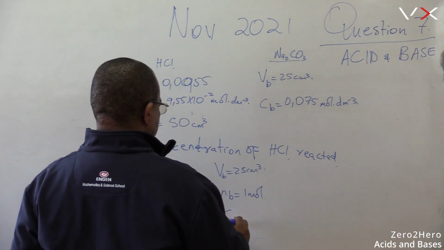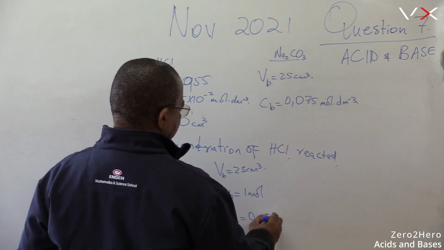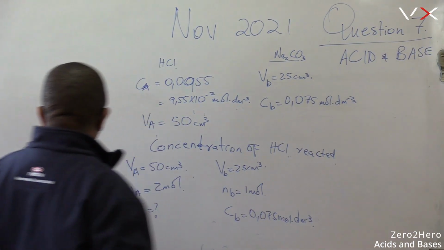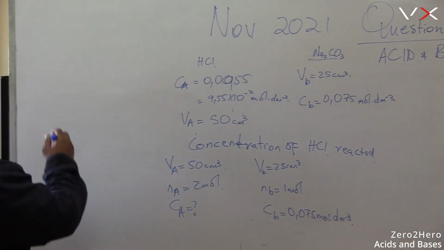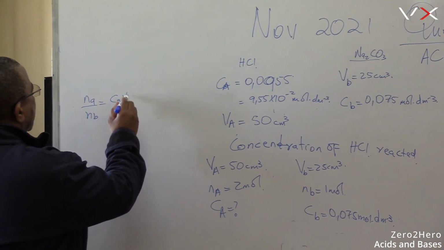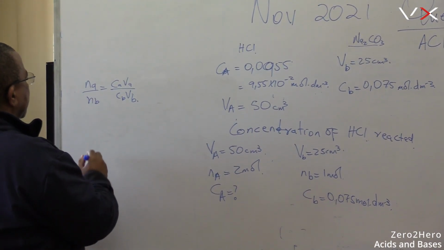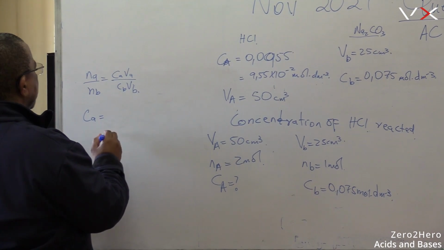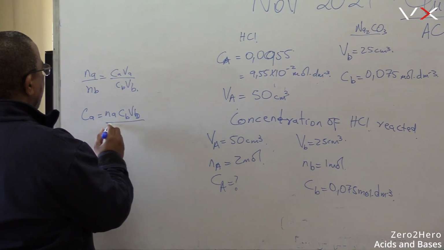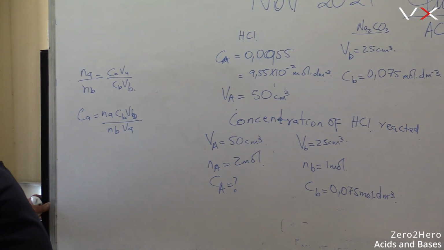Then we have the concentration of the base, 0.075 mole per cubic decimeter. Now which equation are we going to use? We say Na over Nb is equal to CAVA over CBVB. So we want CA, which is equal to NaCbVB over NbVA.